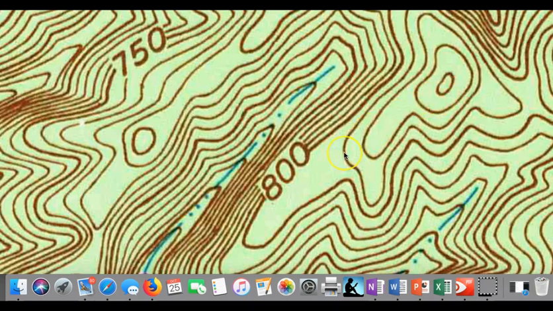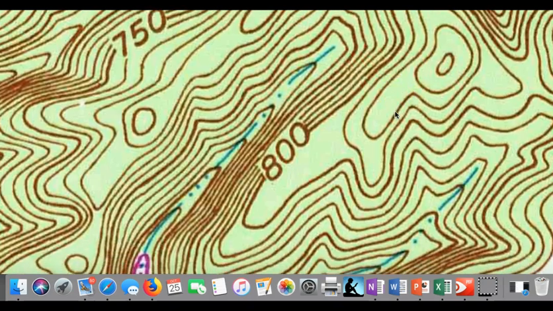So in this case, it's above 800, so it's 810 feet here, 820 feet above sea level here, 830 feet, 840 feet, and we would call this 845 feet above sea level.